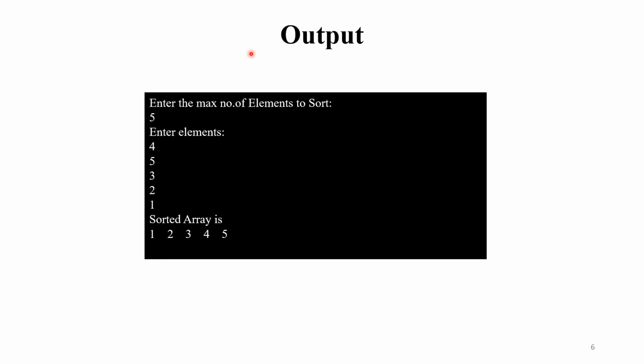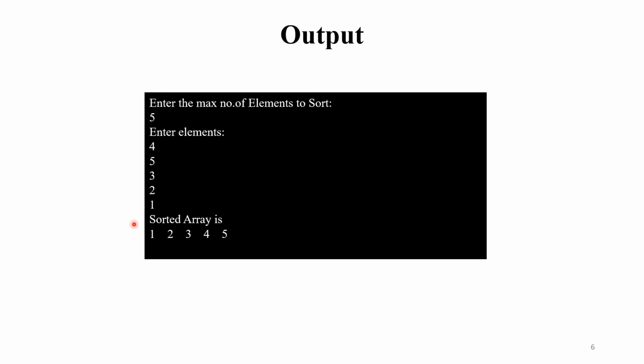The output for the bubble sort program is: enter the maximum number of elements to sort. Here we enter the value of n, that is 5. Next we enter elements in the array: 4, 5, 3, 2, 1. So this is unsorted data.